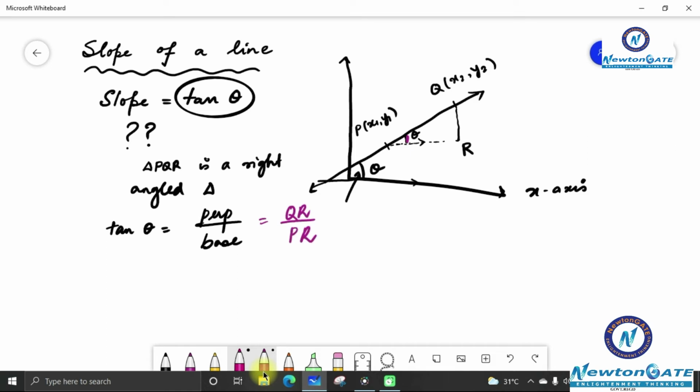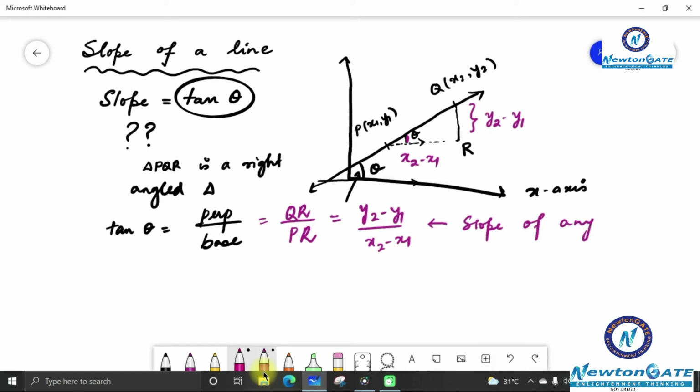Now, I also know that this point is x2, y2 and this point is x1, y1. So, just like previously, this length is y2 minus y1 and this length is x2 minus x1. So, we can write y2 minus y1 by x2 minus x1. And this is the formula for the slope of a line. Of any given line, the formula for the slope is this.